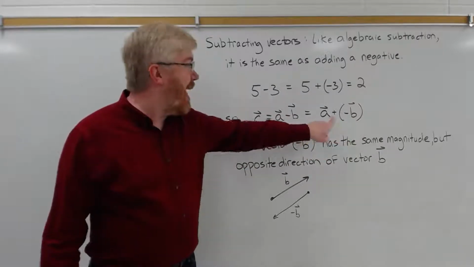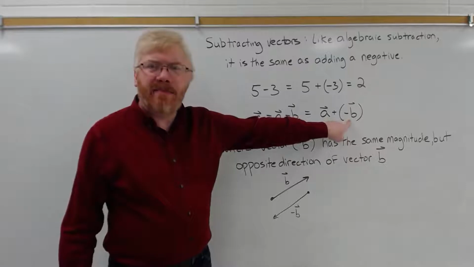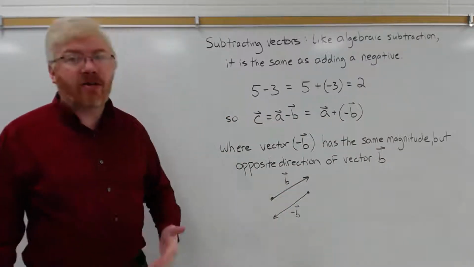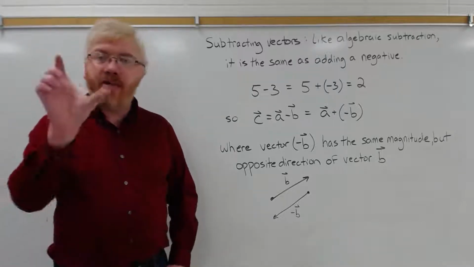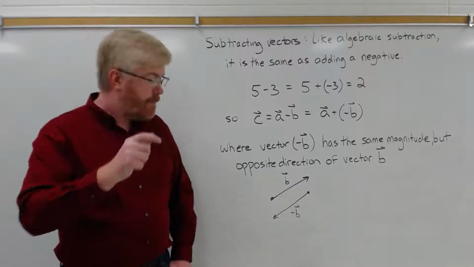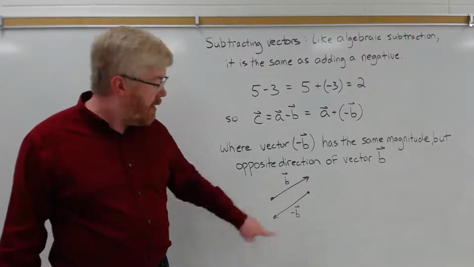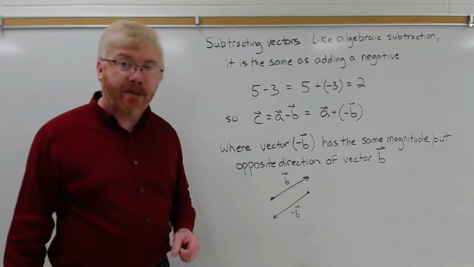So we could still add the vectors, head to tail method. We just have to figure out what I mean by negative B. Well, vector negative B is the same magnitude as vector B. It's just pointing in the other direction. So the negative of a vector is just that vector flipped. Vector B here has some length going up and to the right. Vector negative B has the exact same length going in the exact opposite direction.